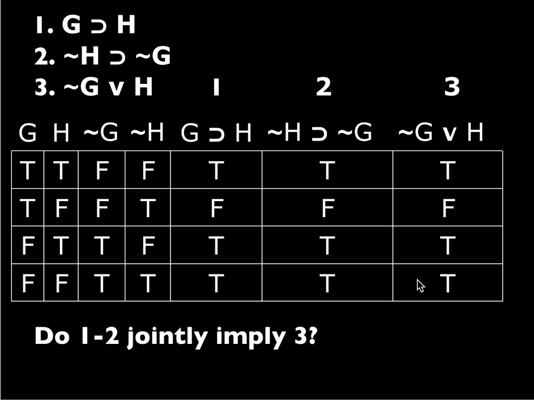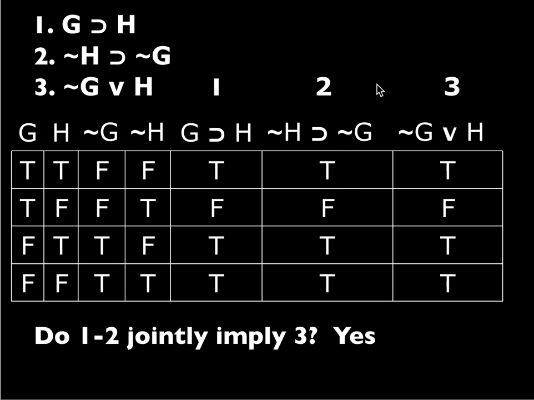And you can see there's no row like that. And again, we could have told that because we know that all 3 of these statements are equivalent. So we know there's never going to be a counterexample row even with 3 or more statements. But you can also just look down and tell that there's no counterexample row. So 1 and 2 do jointly imply 3.